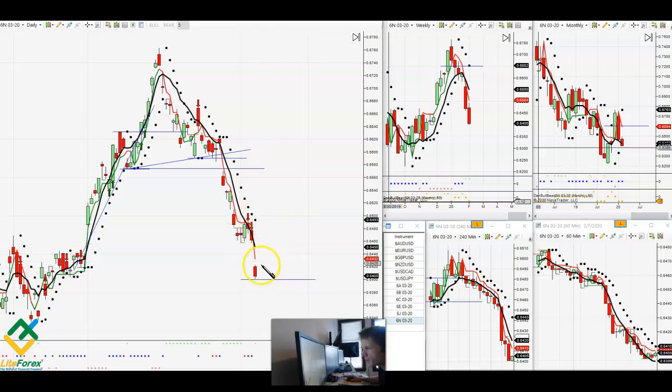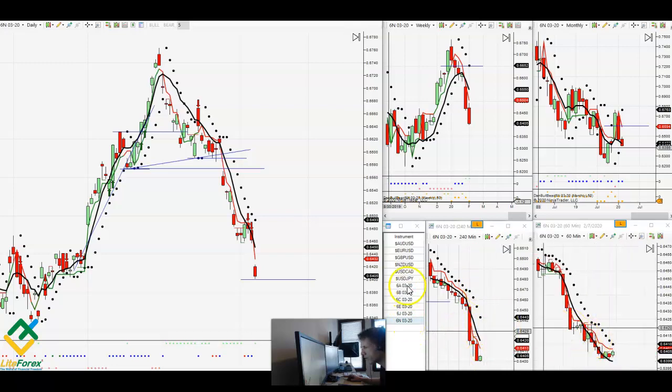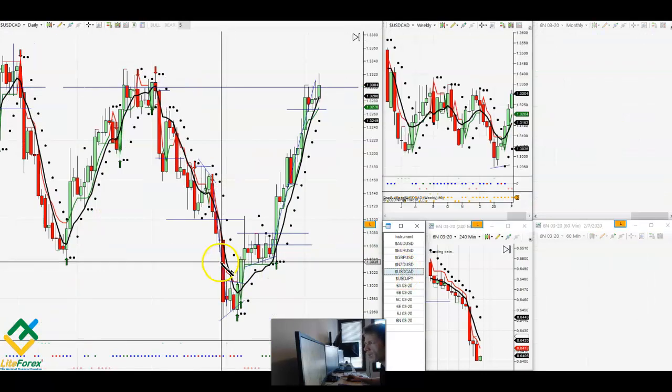So let's see if this has a rebound. Just by looking at this, that's kind of what I'm expecting. Even the 240 is really telling me we could get a rebound. So look for that.